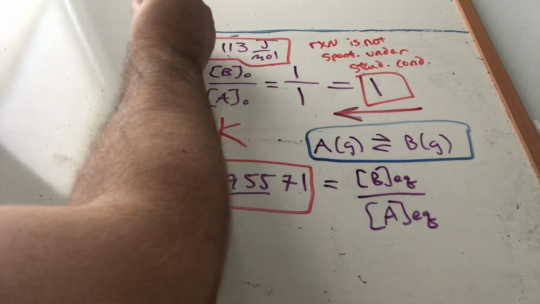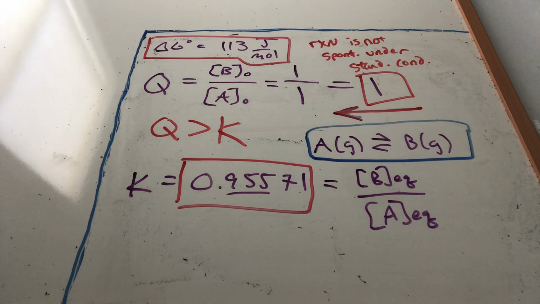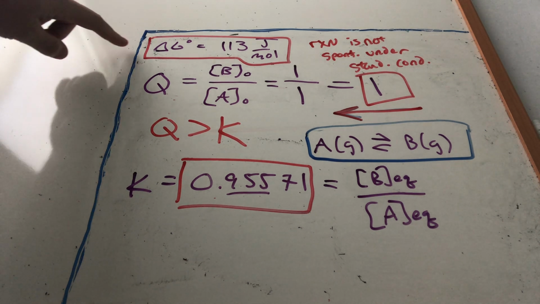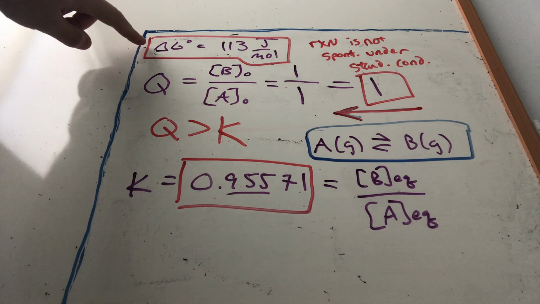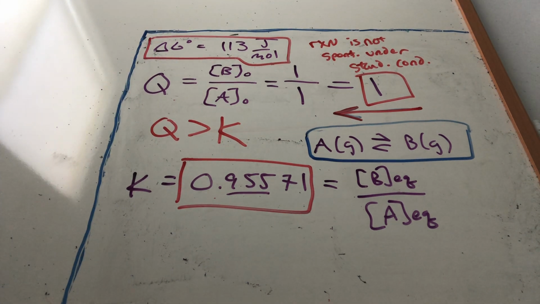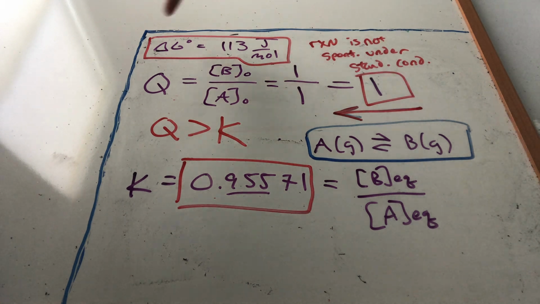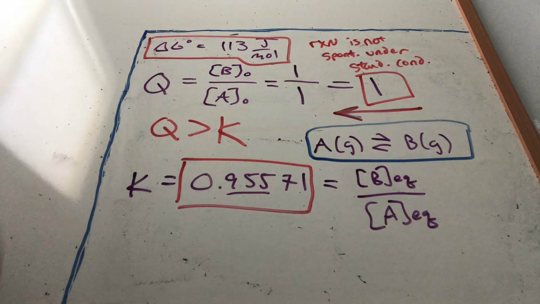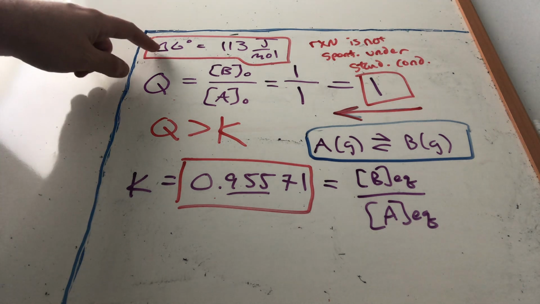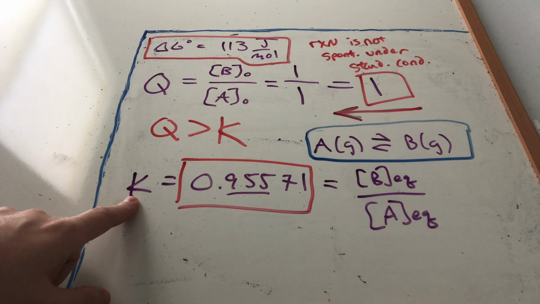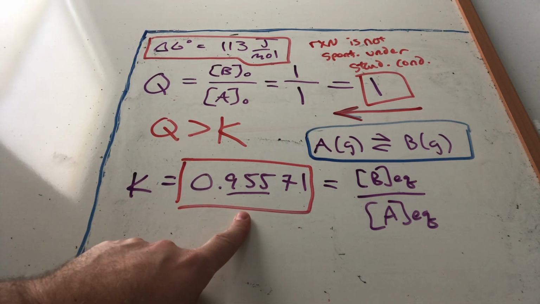I'm going to link this all up one more time because it's incredibly important. We did a thermodynamic analysis and we got a positive delta G naught. That means that the reaction is not spontaneous, and it actually means that the reverse reaction is spontaneous. Our delta G naught can give us a K, and this is the value of K that we get.